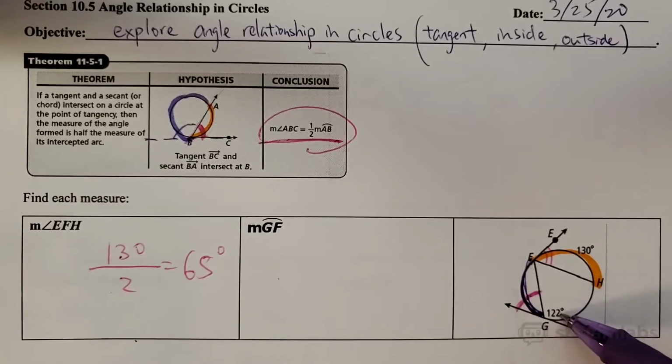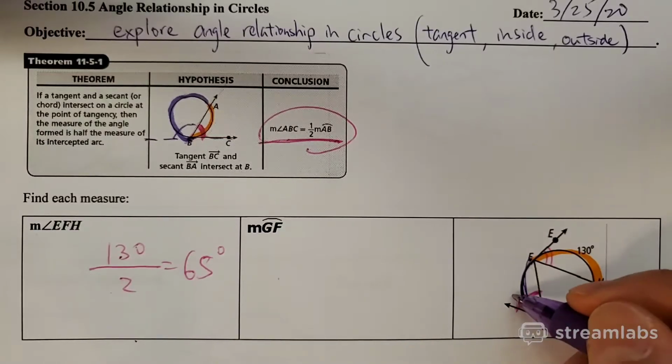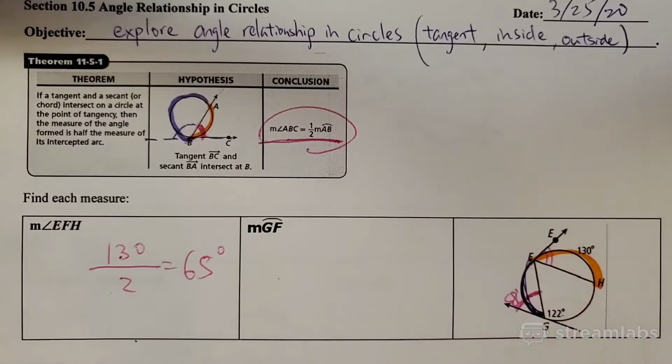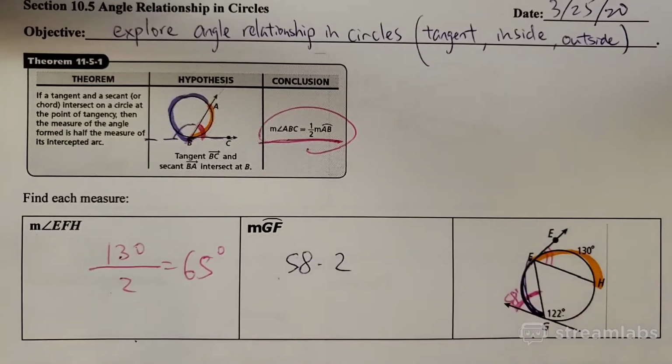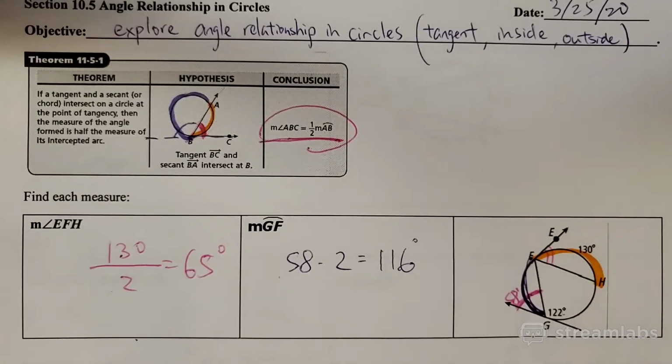Linear pair, right? So 180 minus 122, so this part would be 58 for the angle here. But the arc is double that, right? So it'll be 58 times 2, which is going to be 116 degrees.